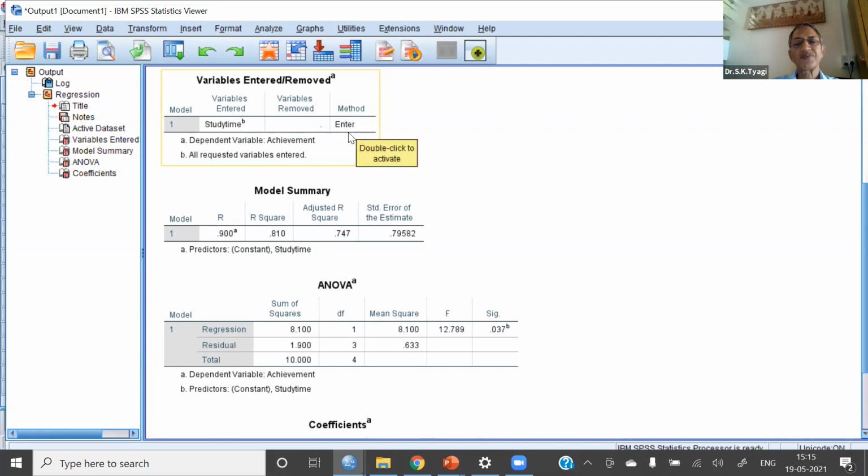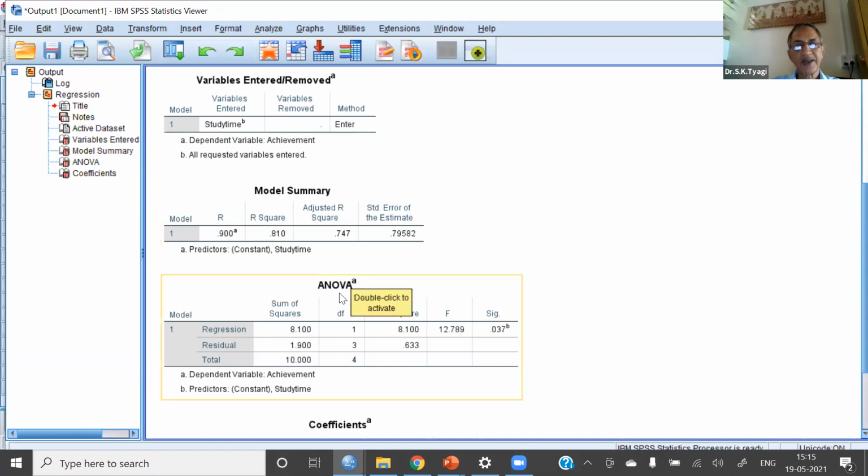There are various ways in which we can enter them, but I have confined this presentation to the first method, that is, all the variables entered together. Here, there is only one independent variable, study time, so it doesn't make much difference. The model summary tells you the value of R, R square, and adjusted R square.